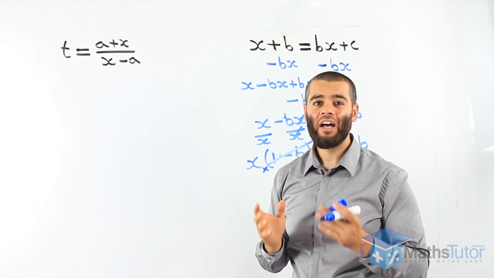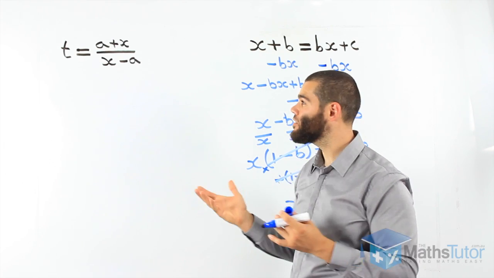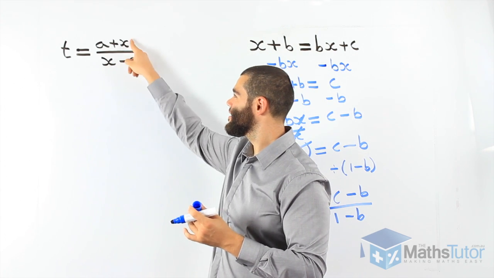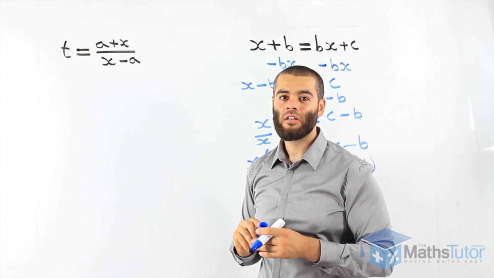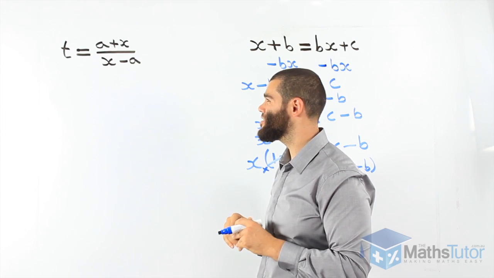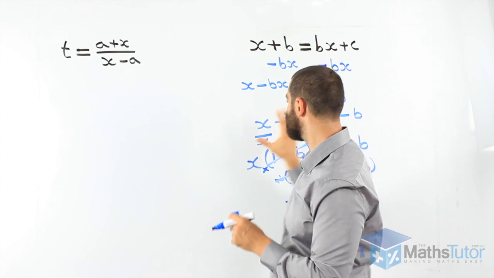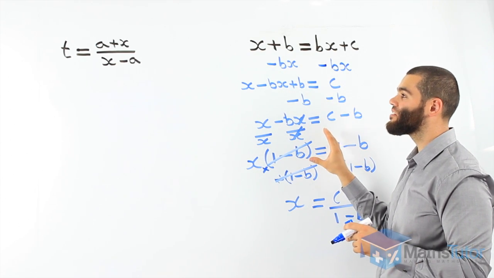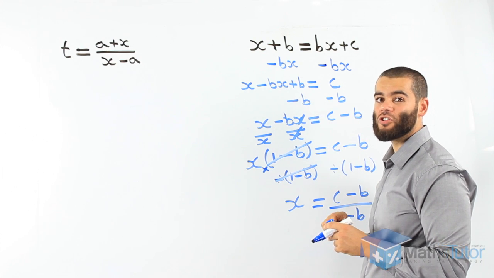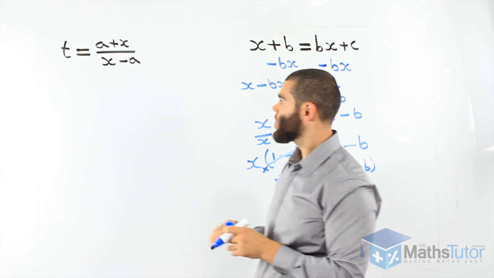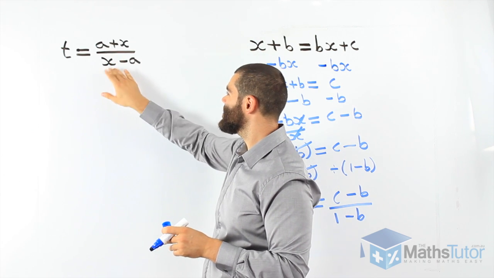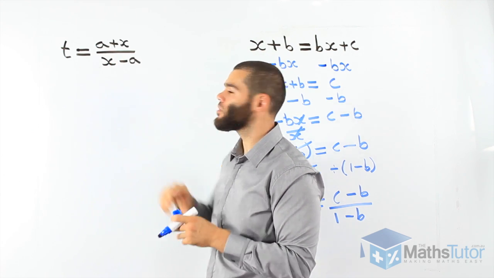Once again, we are asked to make x the subject, but what do you notice? We have again an x and an x. We've got to play around with this equation so we can get to a similar scenario to this example here. So let's try and see what we want to do. Let's take the divide x minus a and make it into a times.